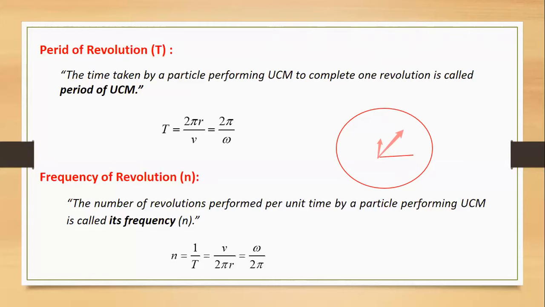Now let me discuss the period of revolution of every hand. For the hour hand, I am talking about a 12-hour watch, so the time period is 12 hours, because when it completes one revolution, it takes 12 hours. Then the minute hand: when it completes one revolution, it is 60 minutes, or 1 hour.